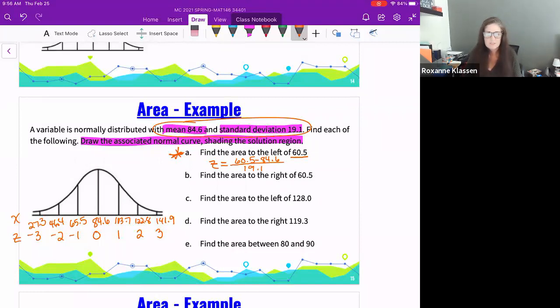Let's make sure everybody's calculator works right. Get that answer ready in the chat, just that part. So you just had to do 60.5 minus 84.6, and divide it by 19.1. Let's just go to 2 decimal places, okay?